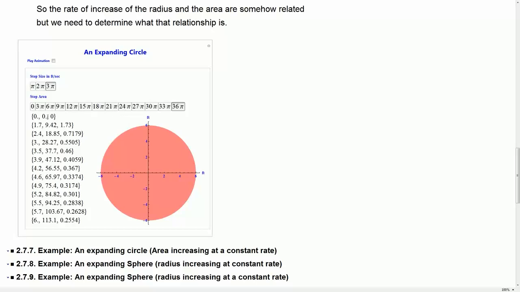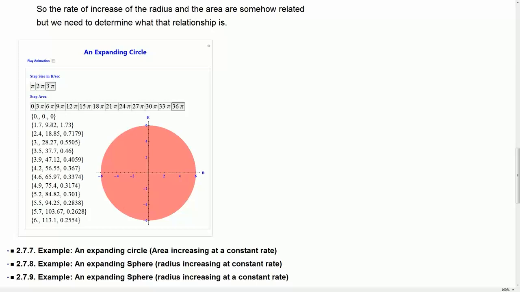So when you look at this again, this is radius, this is area, and this is change. In this case, it's our change in our radius. So first, looking at the middle number here, the area is going from 0 to 9.42. So it goes up from 0 to 3 pi.